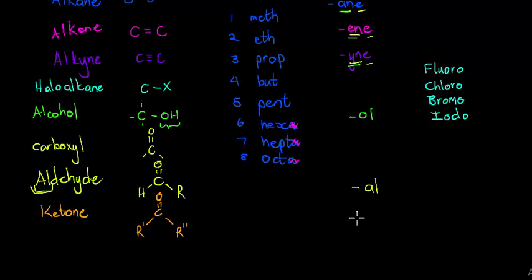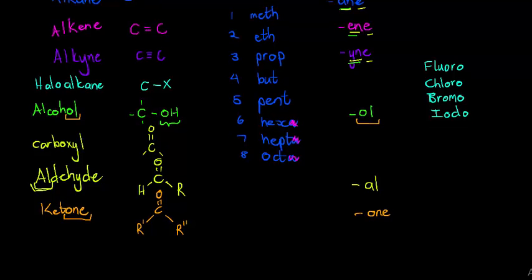The way that this one will be named is one, so methanone, ethanone, propanone. Where does the one come from? From ketone. That's how you're going to remember it. The same with ol, which comes from alcohol, and the ane, ene, exactly the same there as well.